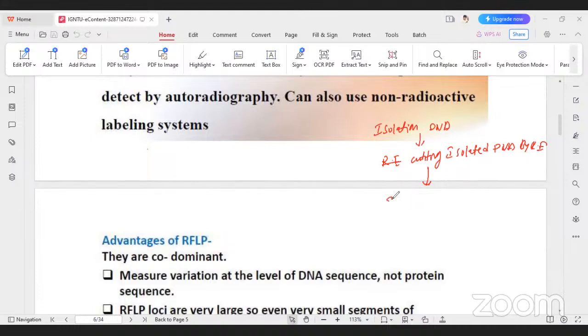Now these markers are separated by gel electrophoresis. I will explain the gel electrophoresis process.